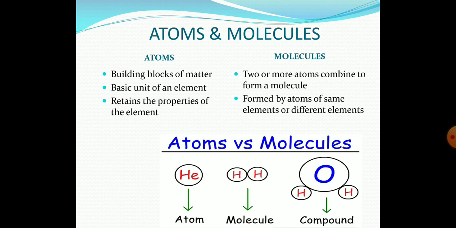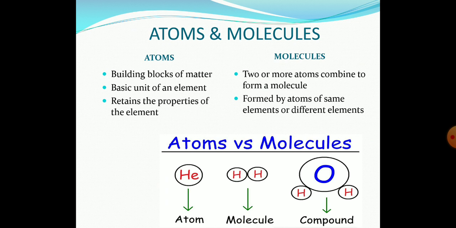Atoms are the building blocks of matter, the basic unit of an element, and they retain the properties of the element. Molecules are two or more atoms combined, formed either by atoms of the same element or of different elements. Example, it is shown in the diagram. Helium is an atom.